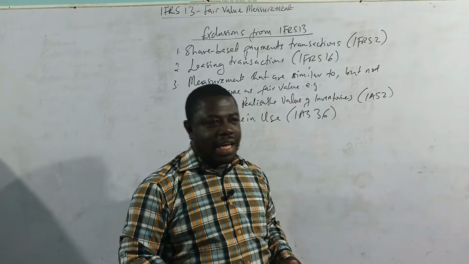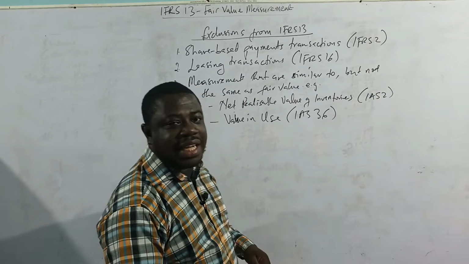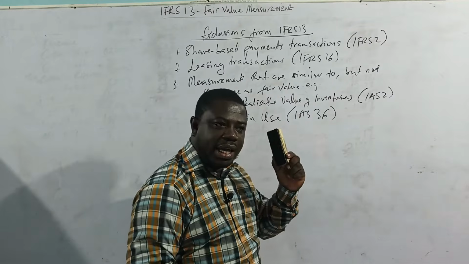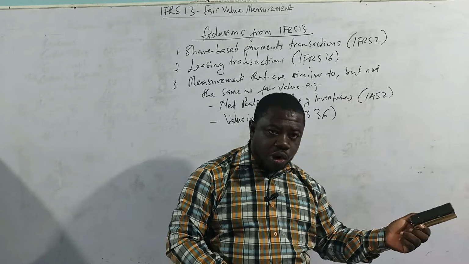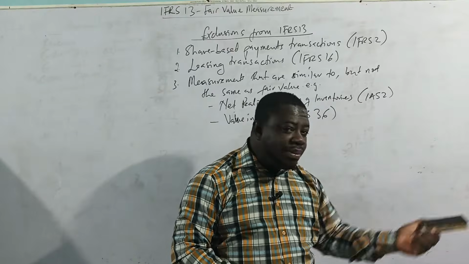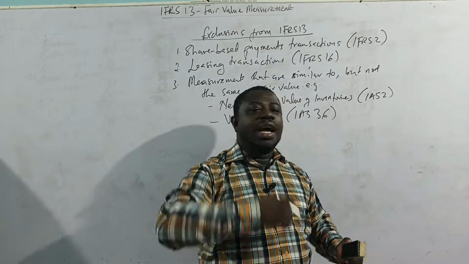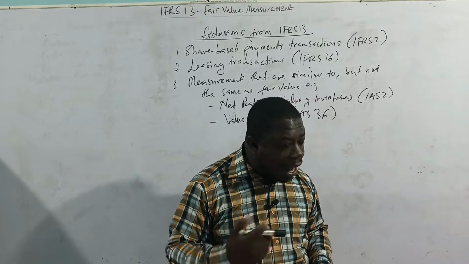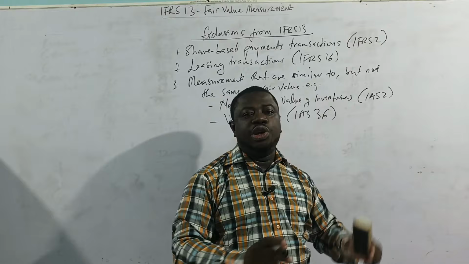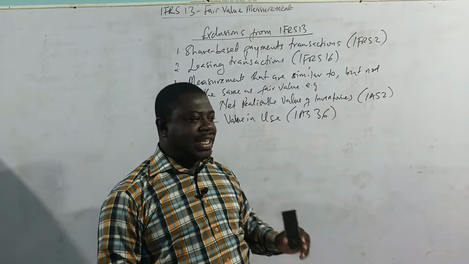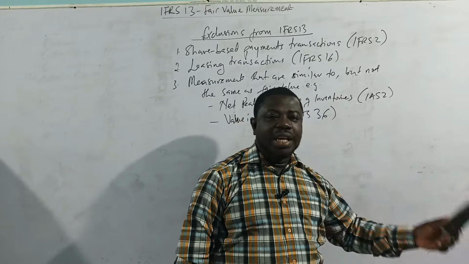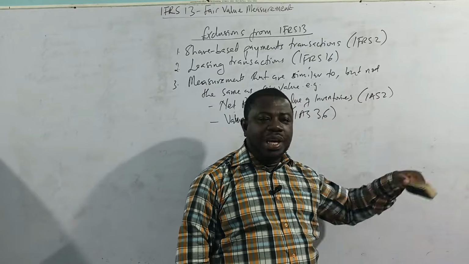So it means that if I put the value on this asset today as 200 cedis, the value may change tomorrow. So tomorrow I have to do a new measurement. So we keep on assessing assets and liabilities for their fair values almost every period. And once we do an assessment, if that asset is not sold today and we want to postpone selling to tomorrow, then what it means is that tomorrow will be a different date.